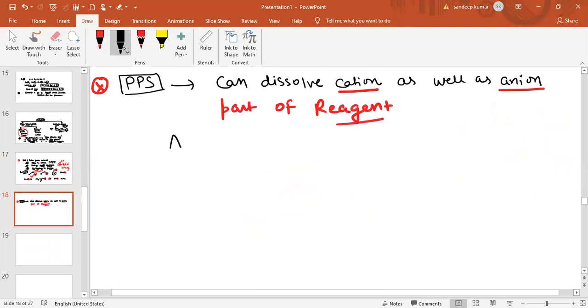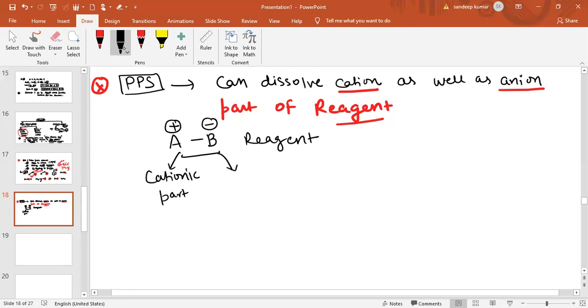suppose this is an AB reagent. In this AB reagent, A plus is the cationic part and B minus is the anionic part. And we use polar protic as the solvent. So polar protic solvent can dissolve the cation, and also it can dissolve the anion.